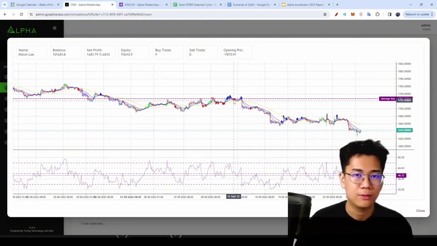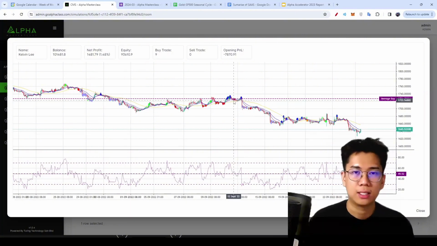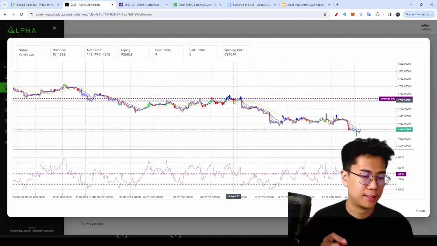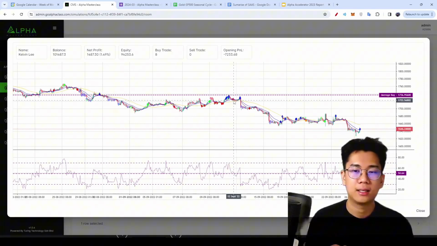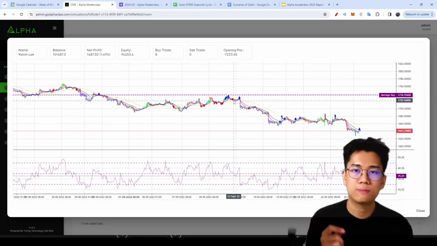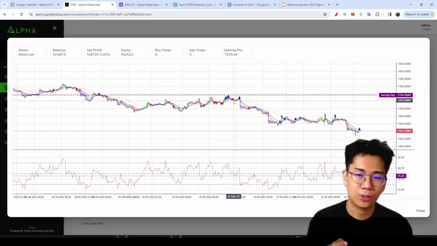Okay, so when you guys open a trade, always have an end in mind. What it means is that whenever you open a trade, always prepare when you would like to close the trade.